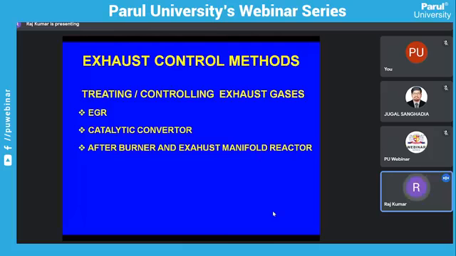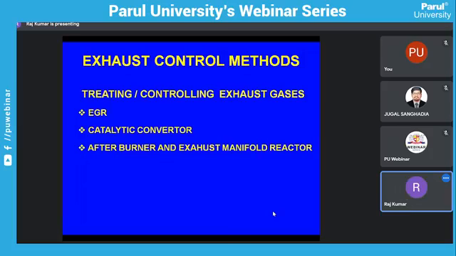Now lastly, the exhaust control methods. We have various devices and mechanisms in engines to control the pollutants, but still if the exhaust gases are coming out, our aim is to clean the exhaust as far as possible.